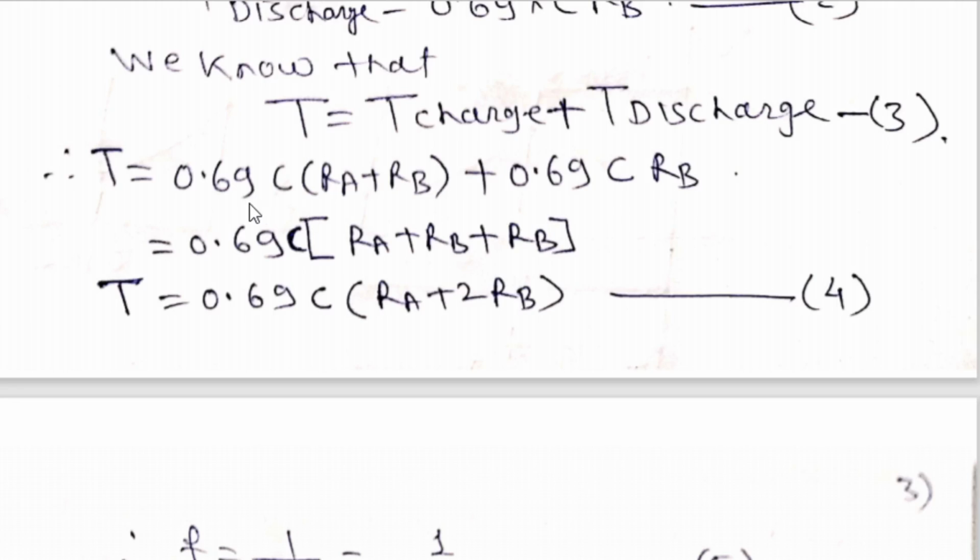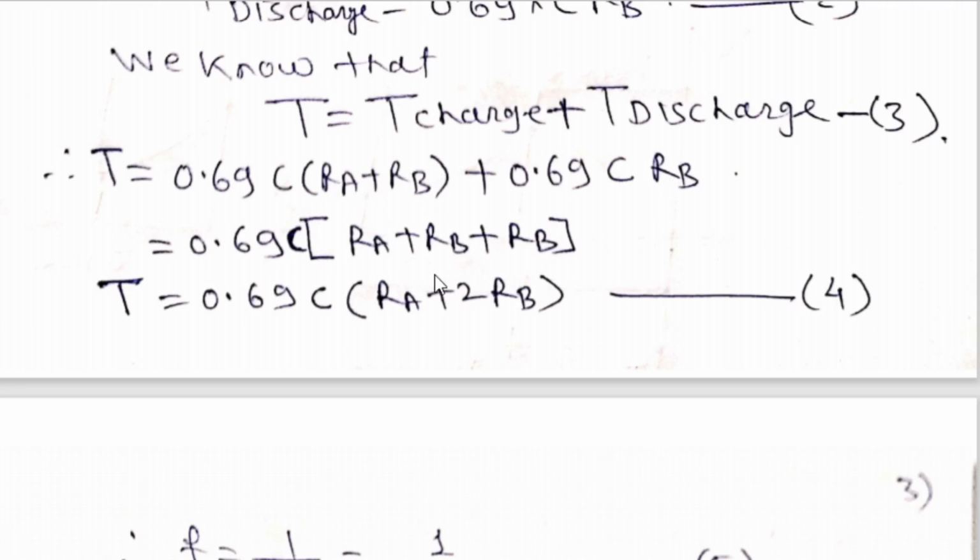Very simple now. See, in the equation of T charge there is 0.69 and C, and in the equation of T discharge there is also 0.69 and C. So let us take 0.69 and C as common. Into square bracket, what will be there? RA plus RB plus this RB.